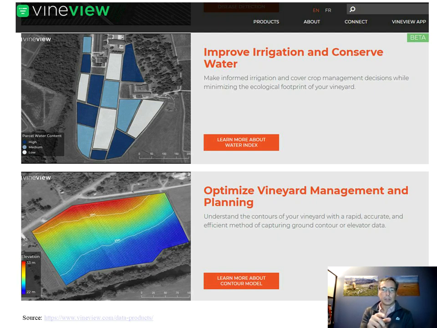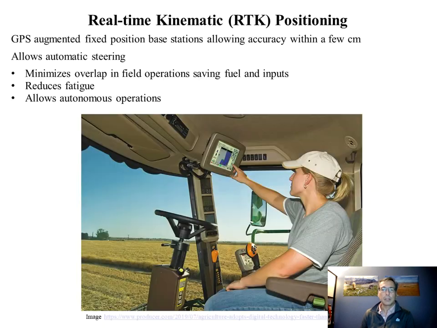The bottom photo here shows a slope gradient and how looking at thermal sensors, looking at temperature at the top of the hill versus the bottom of the hill, you can monitor your temperatures to see if you have problems with cold weather and frost damage. So very interesting sensing technologies there.